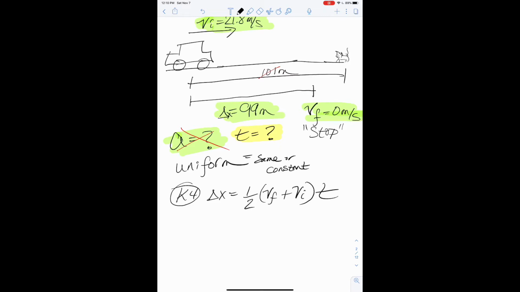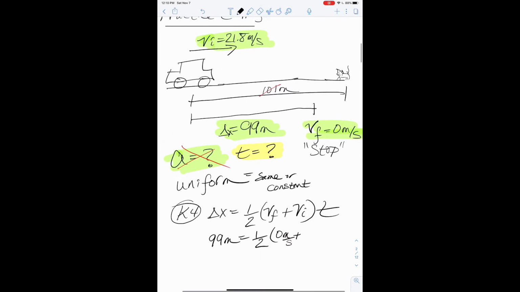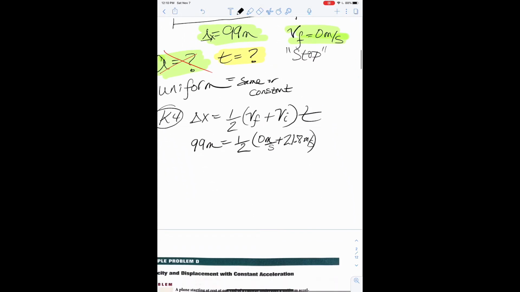Let's go ahead and plug in what we know. I'm going to go ahead and write the units. I don't think it's too big of a deal. I think our initial velocity was 21.8. And we want to know t. All right. So 0 plus 21.8 is just going to be 21.8.